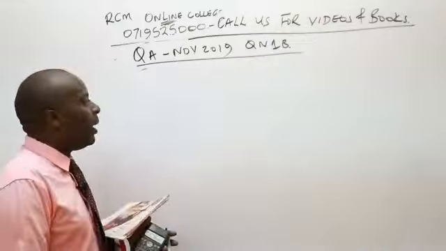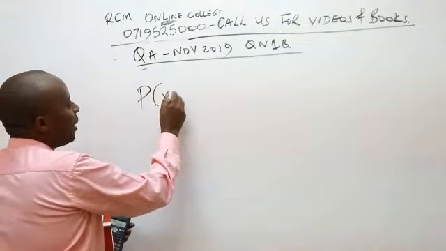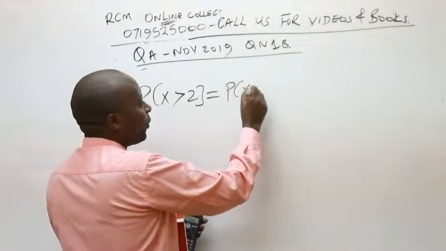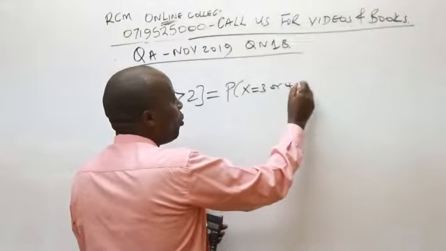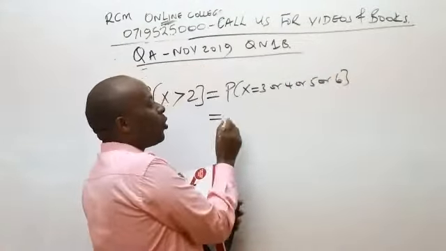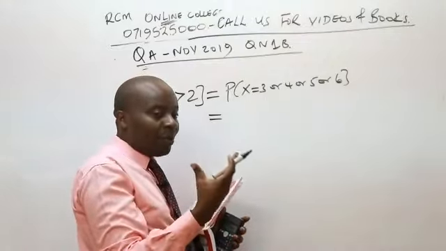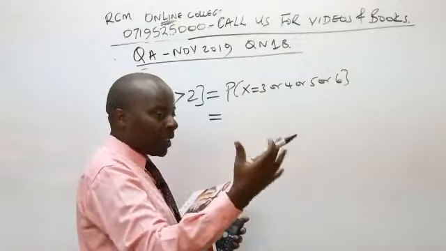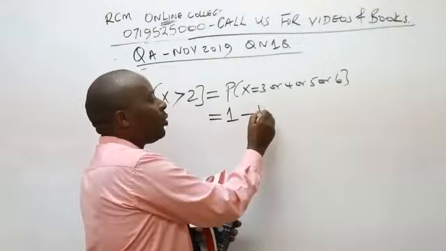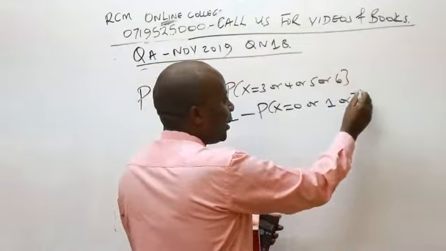Still, it is the probability of x being more than 2, which will be probability of x being equal to 3 or 4 or 5 or 6, which again calls for the complementary thing. This could be too many times. It's important for you to understand that complementary means to complete. So events to complete, so it will be 1 minus the missing events, which basically will be probability of x being equal to 0 or 1 or 2.